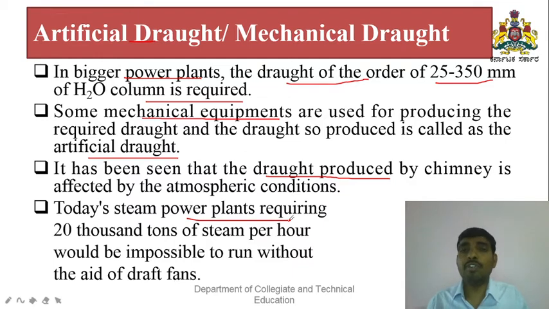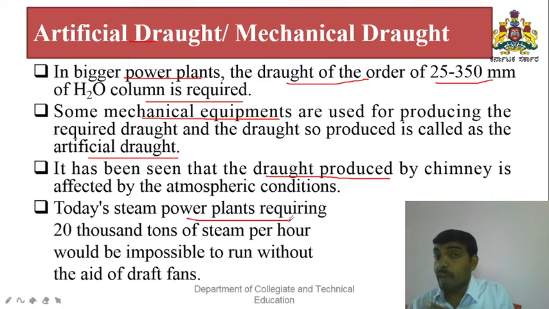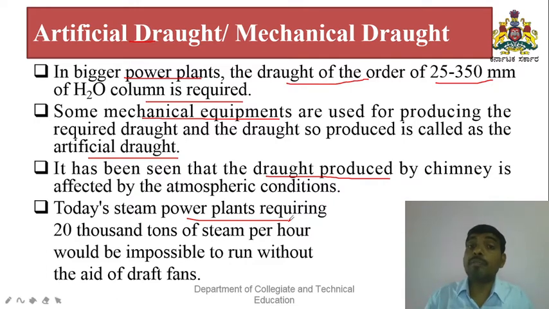The steam generated will be 1000 tons, 2000 tons, even 20,000 tons every hour. For combustion we should supply air, and meanwhile the flue gas should go out of the boiler. For that reason we should go for mechanical draught. Only then will this demand be met.